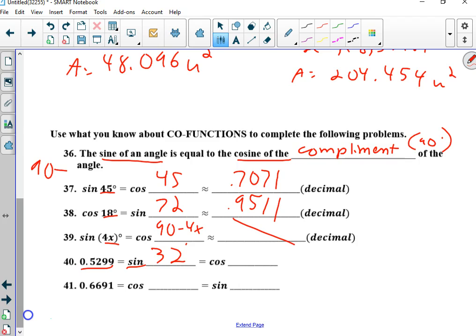If you do inverse cosine of 0.5299, you get 58.001. Let's just say it's 58. What do you know about 32 and 58? They equal 90. 0.6691. If you take the inverse cosine, you get 48 degrees. If you take the inverse sine, you get 42 degrees. Guess what they add up to? 90.